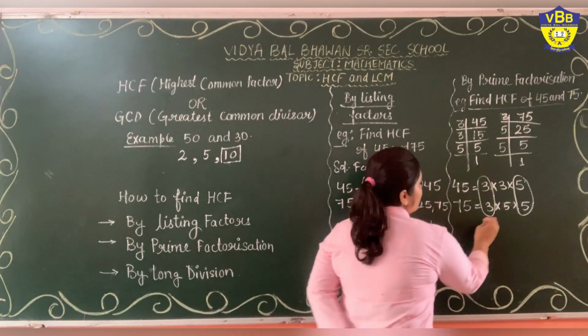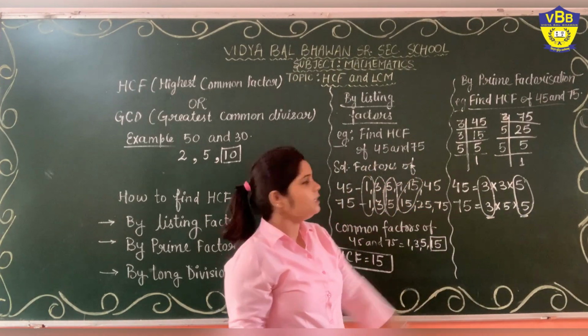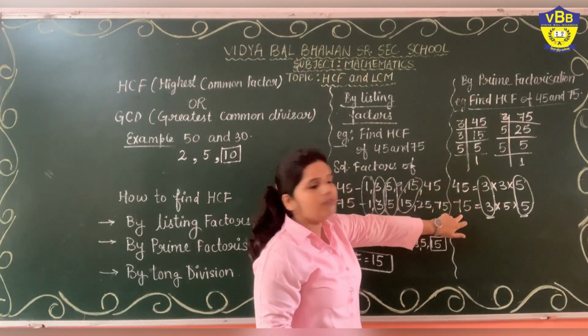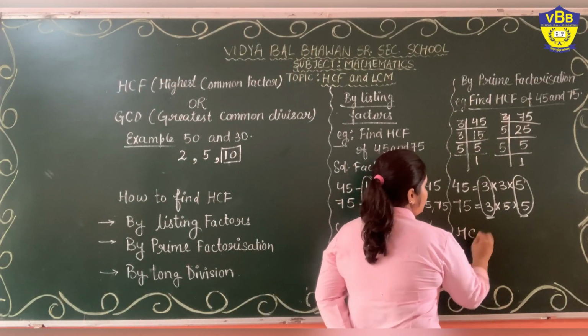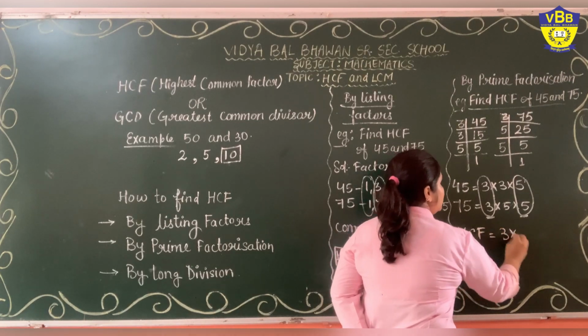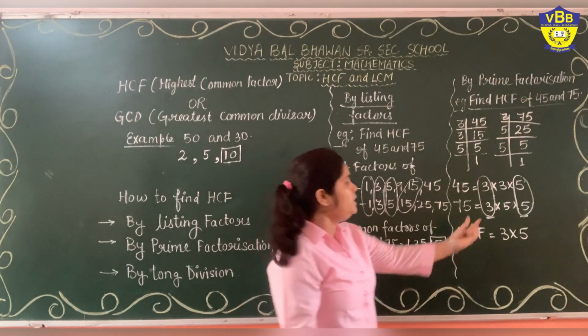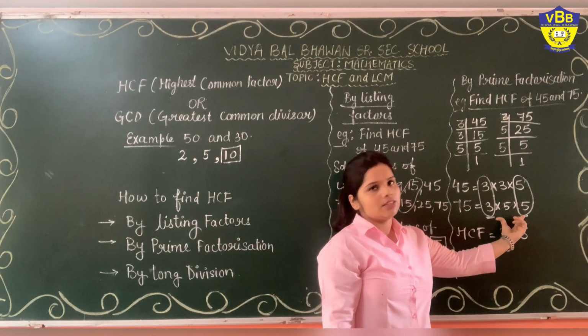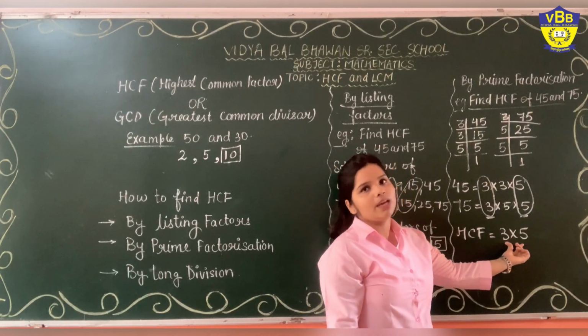So now we have 3 and 5 as the common prime factors of 45 and 75. HCF will be the product of these common prime factors, that is 3 multiplied by 5.